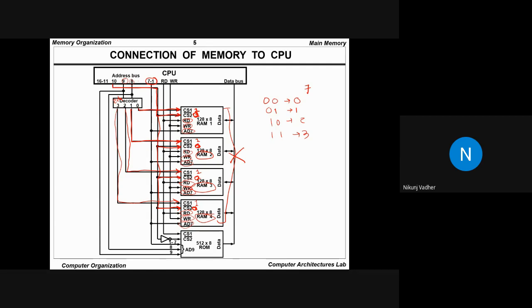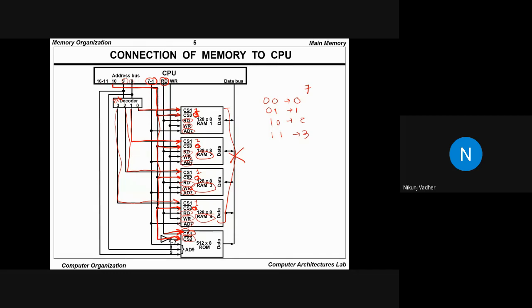In that case, bit number 10 is given as an inverted input to chip select 2 of ROM, and read will be given as the input to CS1.